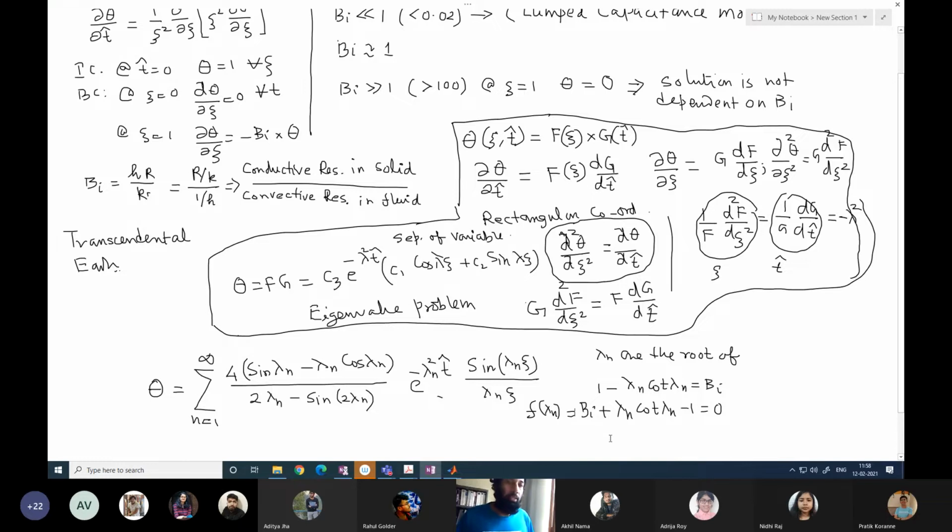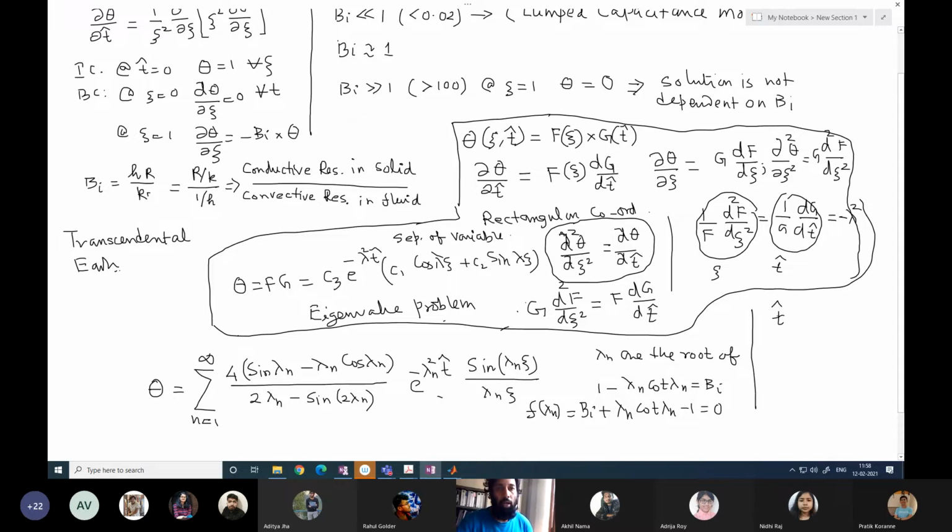So now you know how to get this lambda n. And if you know the lambda n, you know how to get the rest of the solution. Any question on how to solve this, how to get the numerical value of theta, if I supply you t hat and zeta? The nature of the question is like this.